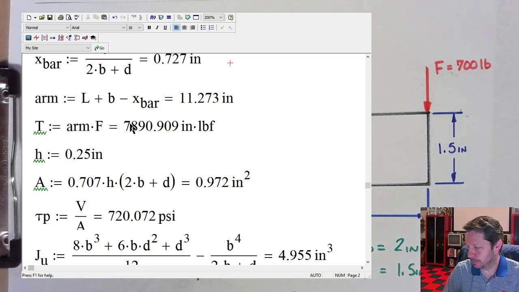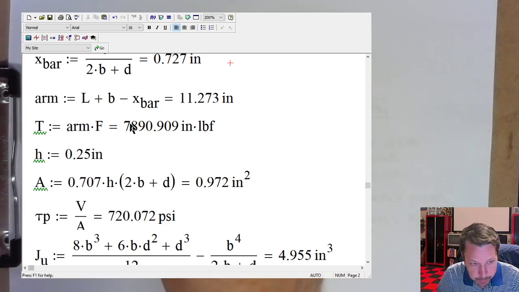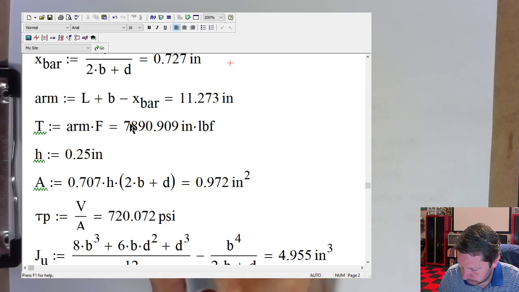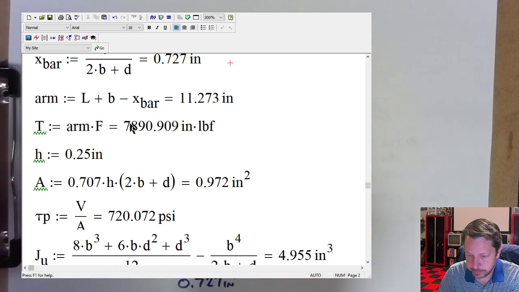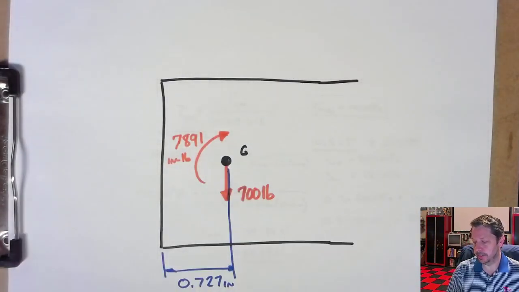I'm not going to put the decimals, because MathCAD can keep up with those, but it's cluttery on my picture. So 7,891 inch-pounds is there.